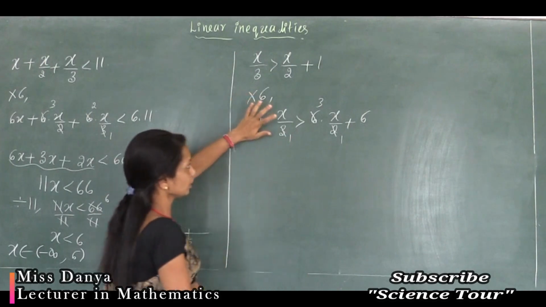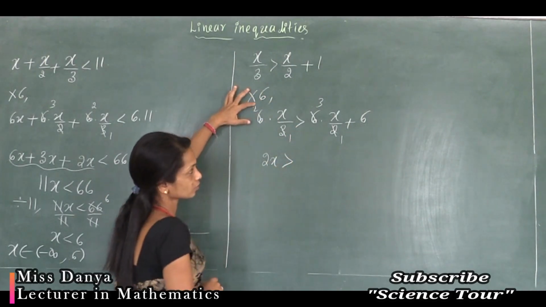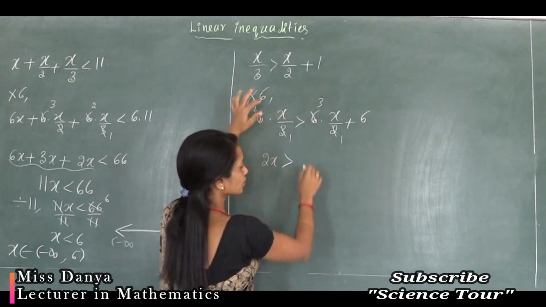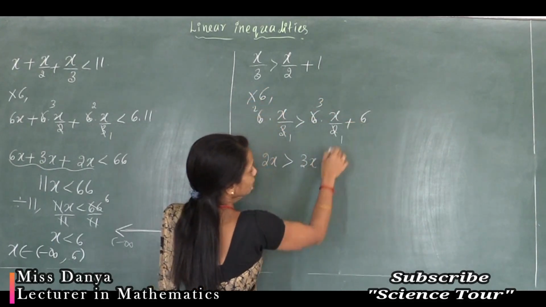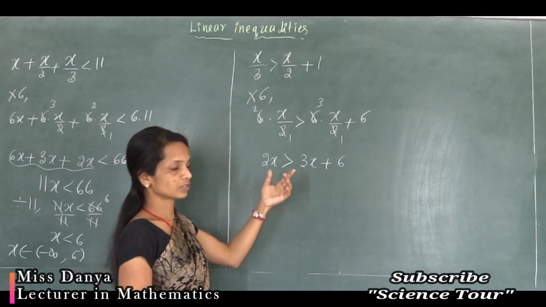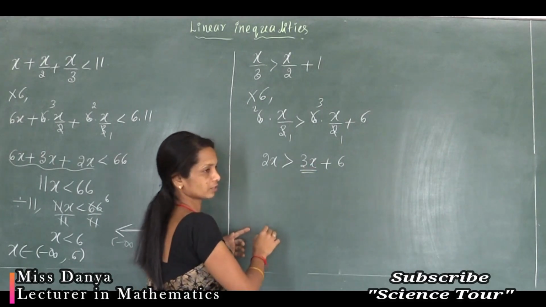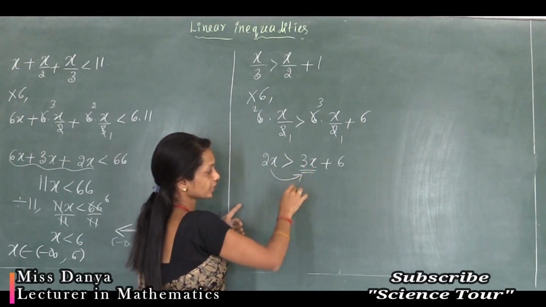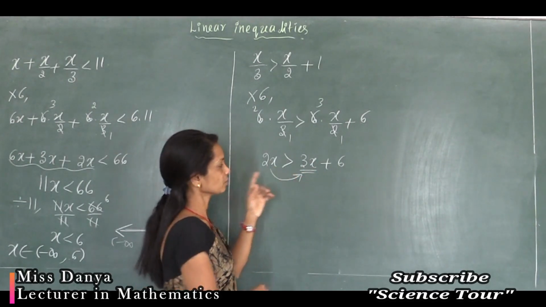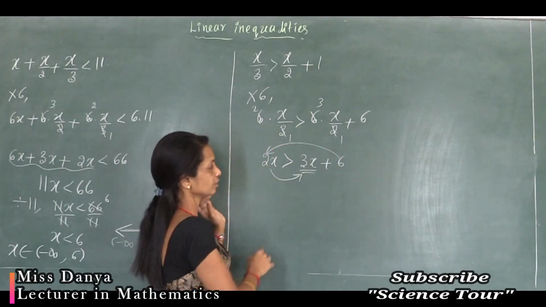Now you simplify this. 3 ones are 3, 2 times, and 2 ones are 2, 3 times. Okay. Now 2 into x, that is 2x, and the greater than symbol as it is you have to carry. 3 into x, that will be 3x, then plus 6 is there. And now you see which side you have the larger x term. Here you have the larger x term on the right side. So to the right side you have to shift all x terms, and to the other side, the left side, you have to shift the numbers.